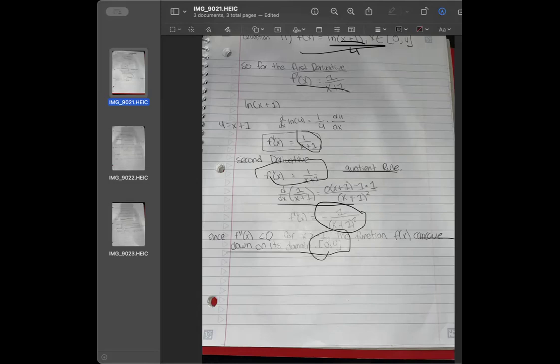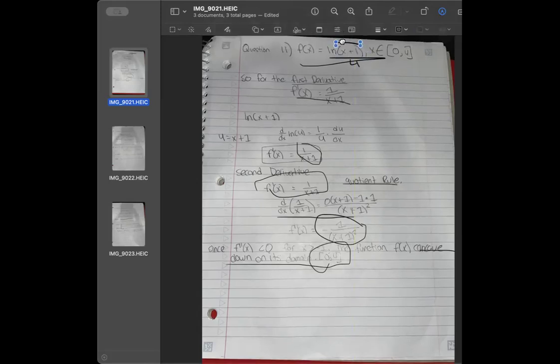So this is an example. What you do is plug in 0 where this x is right here.